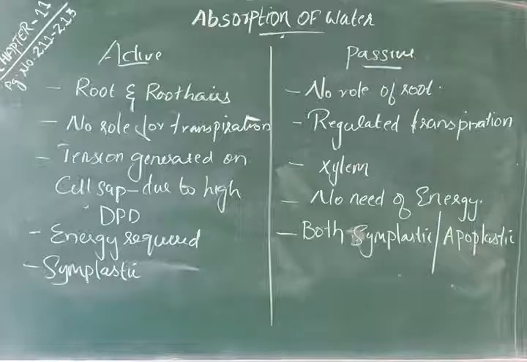Difference between active and passive absorption of water. So in active, root and root hairs are involved in the absorption of water, whereas in passive there is no role for root or root hairs. And in active there is no role for transpiration, whereas in passive the absorption of water is regulated by the process of transpiration.